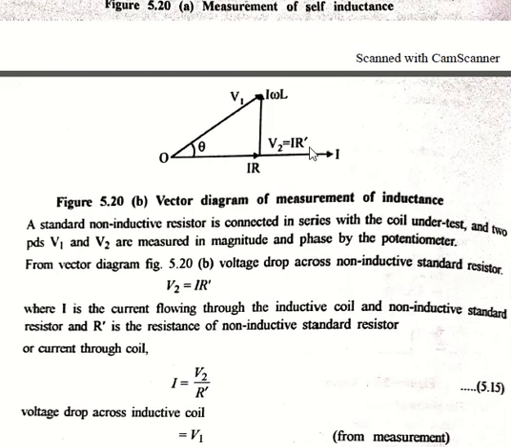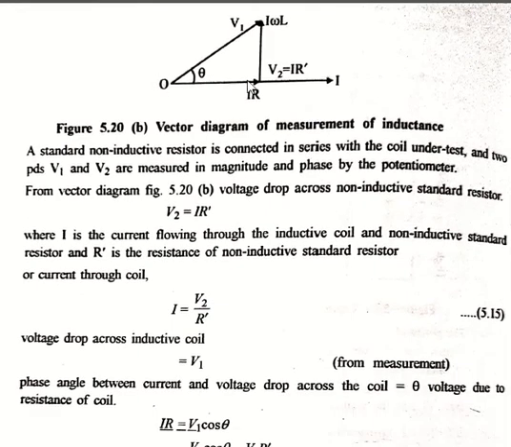Now coming to the vector diagram, we can see that the resistance is in phase with the current. In the case of resistance, we have zero phase difference between the voltage and the current. So our V2 is equal to I R dash, where R dash is our standard non-inductive resistance, and the standard non-inductive resistor is connected in series with the coil under test.